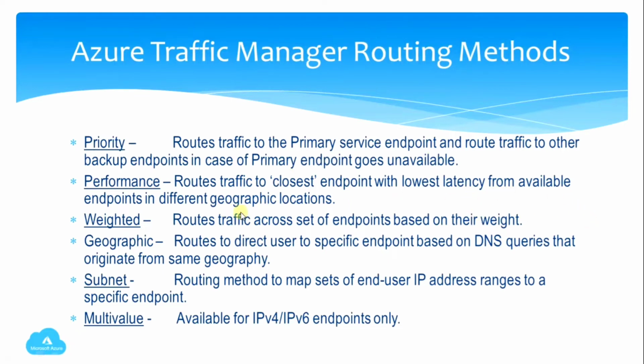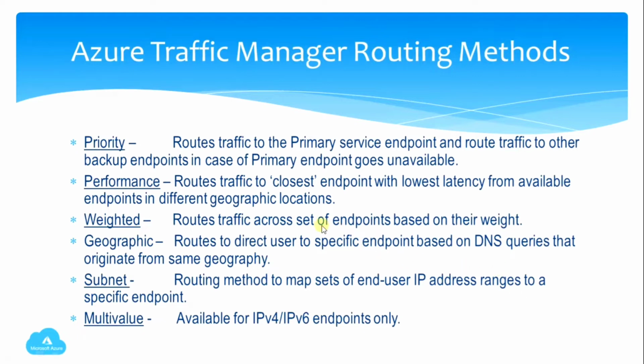Coming to geographic, it directs users to a specific endpoint based on the DNS queries that originate from the same geography. In subnet, it is a routing method to map sets of end-user IP address ranges to a specific endpoint. And lastly, multivalue is available for IPv4 and IPv6 endpoints only.